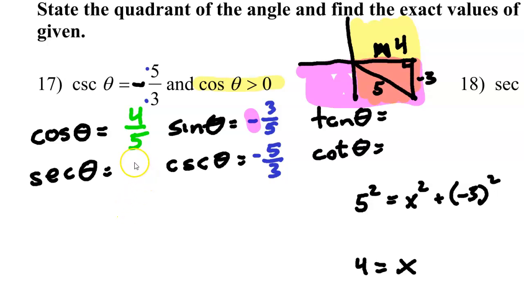And the secant will be the reciprocal, 5 over 4. So it's kind of like a buy one, get one deal. And now we can do tangent, or slope, right? Which is rise over run: tangent is negative 3 over 4. And its reciprocal is cotangent, negative 4 over 3.